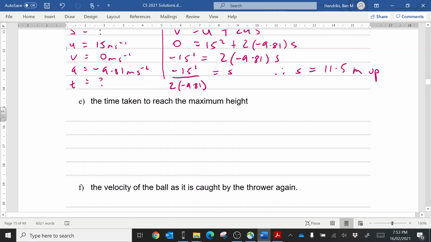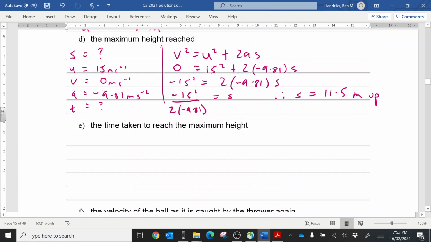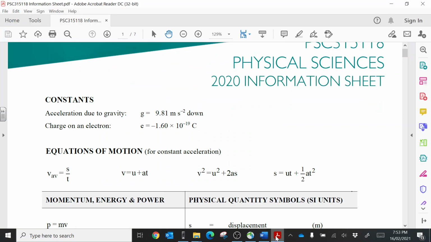The time taken to reach the maximum height. Okay, so now we're looking for time, and we know all of the other variables now. We can either choose v equals u plus at, or we can choose s equals ut plus half at squared. I'm going to go ahead and choose v equals u plus at, because it's a bit simpler.